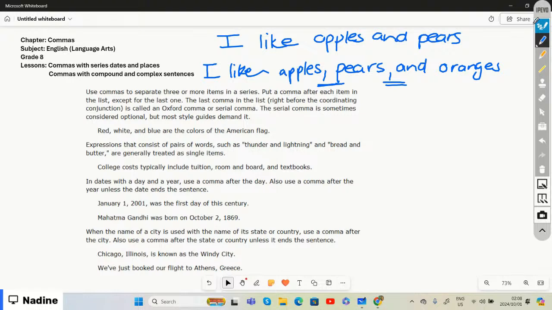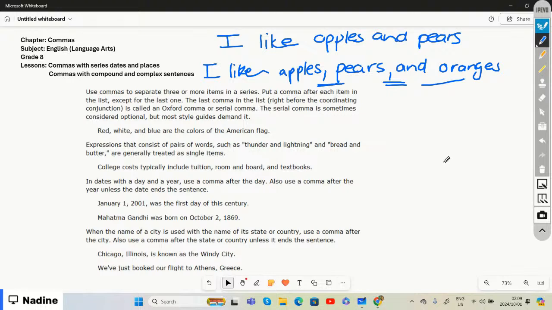And there we have that example, except for this one. The last comma within the list, right before the coordinating conjunction, is called an Oxford comma or a serial comma. The serial comma is sometimes considered optional, but most style guides demand it.